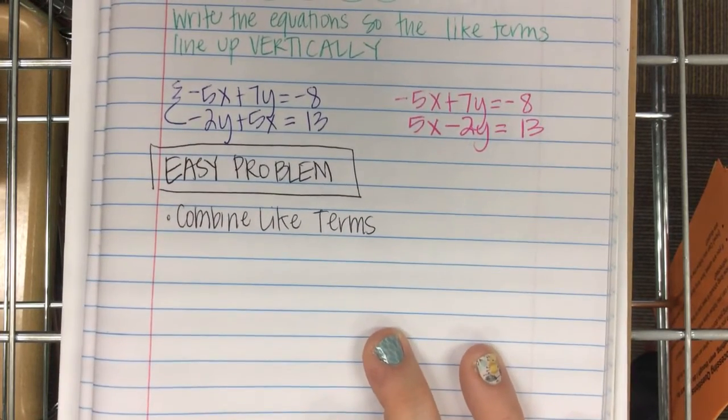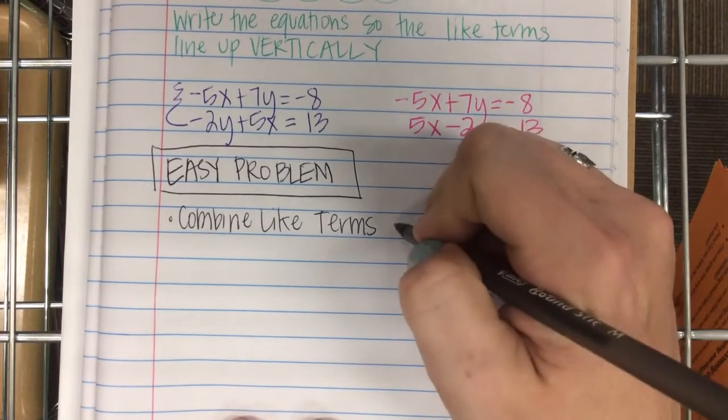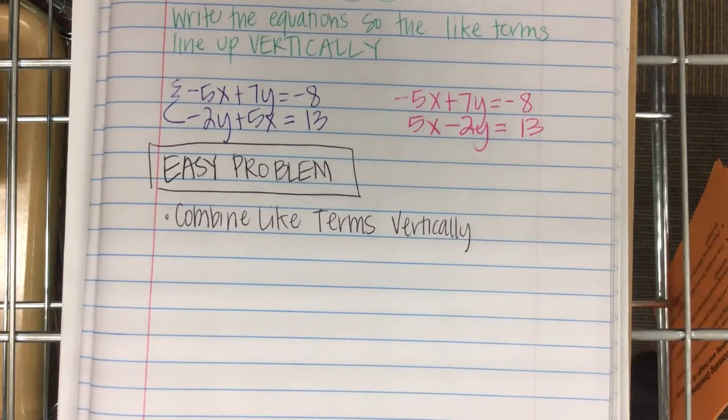If it's an easy problem, as long as my variables line up, I can combine like terms. And I'm going to combine like terms vertically. I'm going to combine my terms vertically.